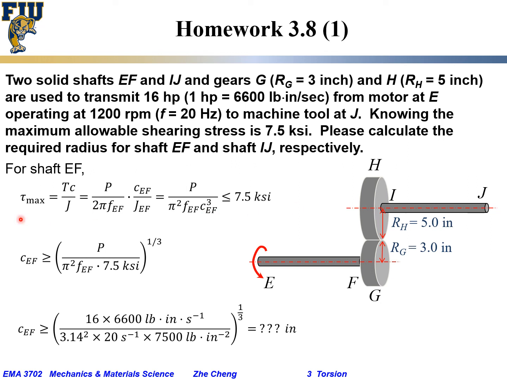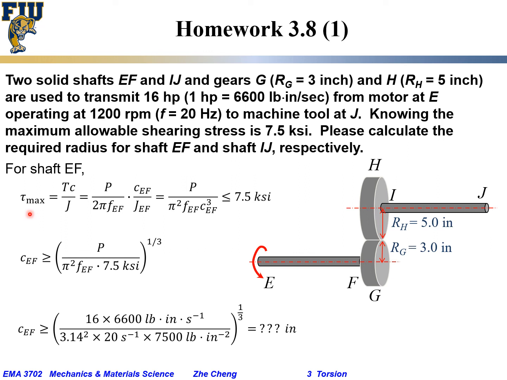Go back to our same old equation for maximum shearing stress. For shaft EF, the maximum shearing stress has to be smaller than 7,500 psi or 7.5 ksi.